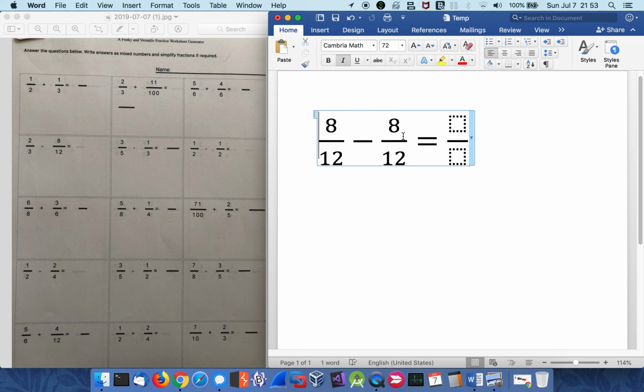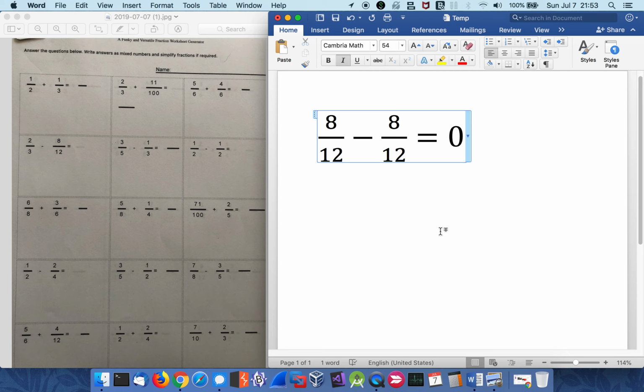But now you're going to see, oh man, that's actually 0. So kind of a trick question. But now you can see how that would work out. The point of that one is that you don't always have to just multiply the denominators together. You can check to see if there's an easier way to get them to be equal.